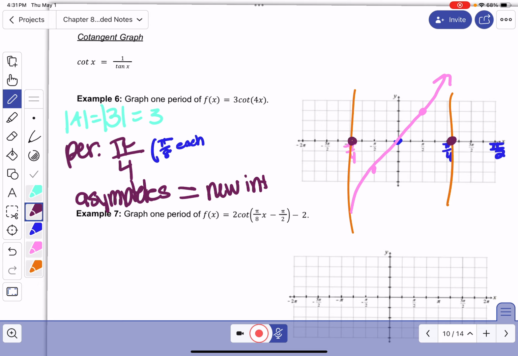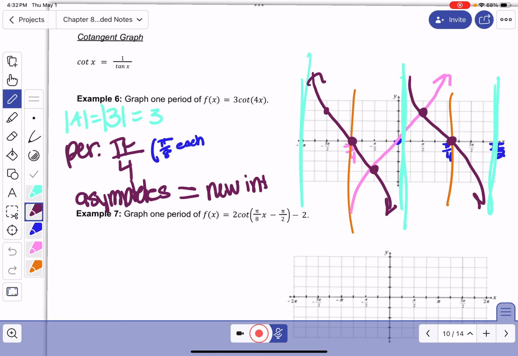And then the intercepts become the new asymptotes. So it would also be 4 in that direction. And then our graph's going to be the opposite shape. So these are still going to match, but now we're just going to go down instead of up. So that's cotangent.